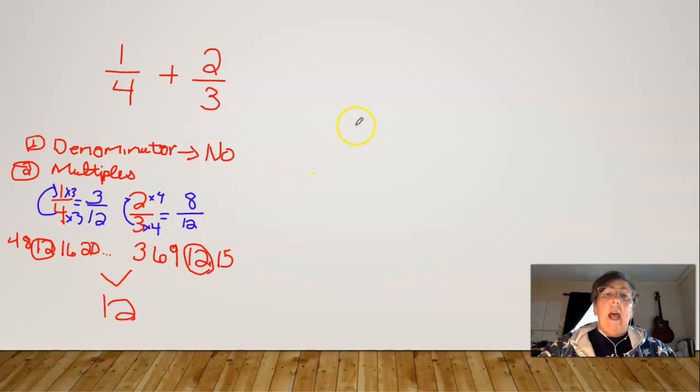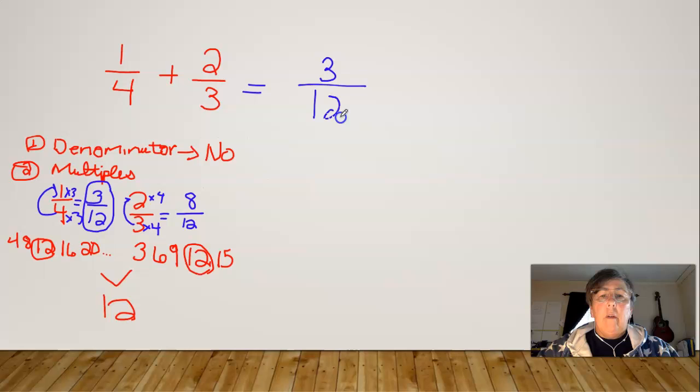All right, now look what we've done. We now have 2 fractions that we can add together. We have 3/12 and we have 8/12.